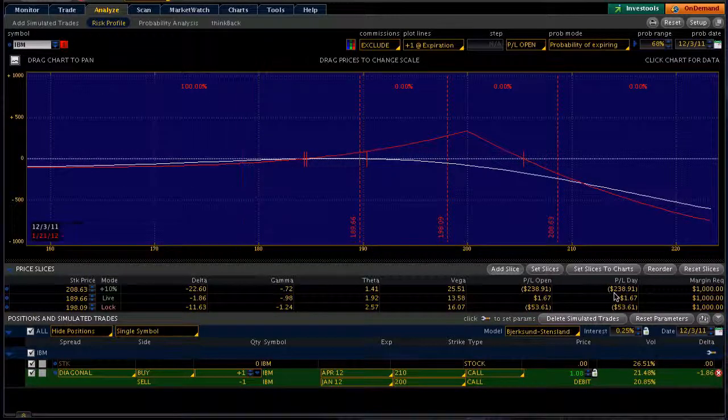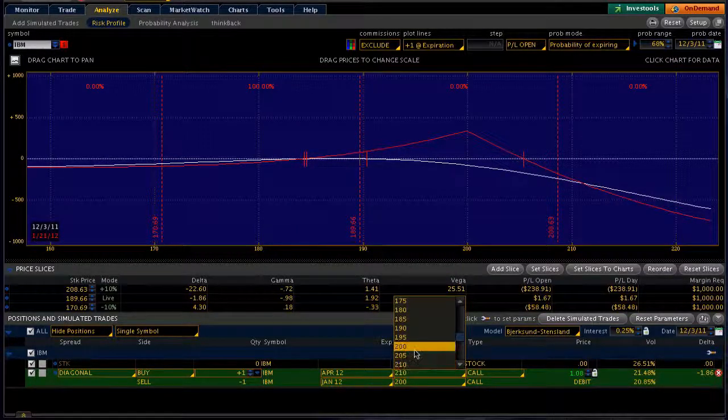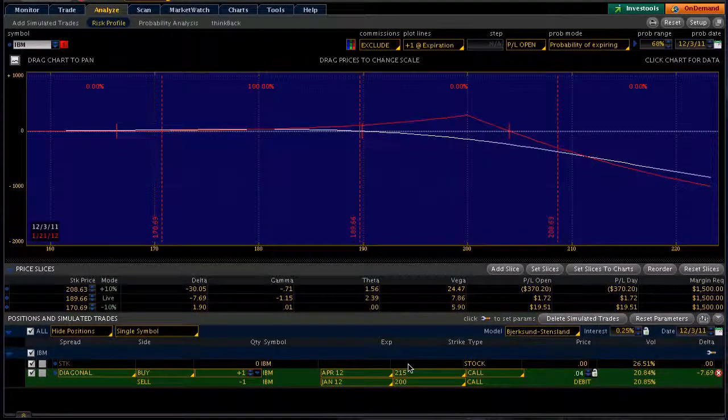So this is not an ideal position. In order to really make a profit, you would have to be at 215. Of course, if we close around 200, this is your break even right here, around 204.